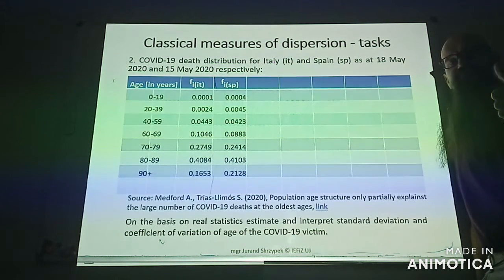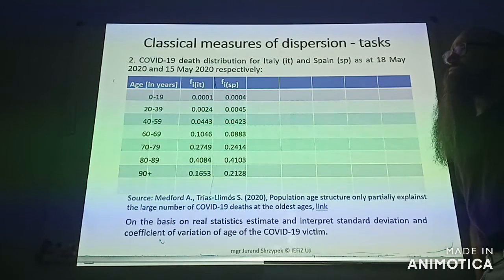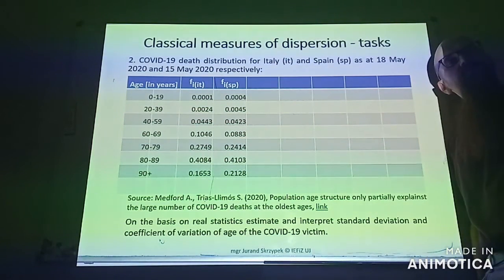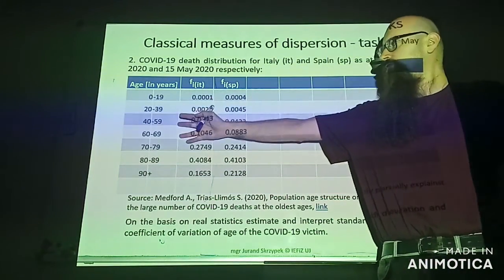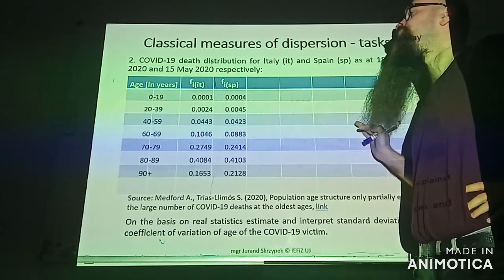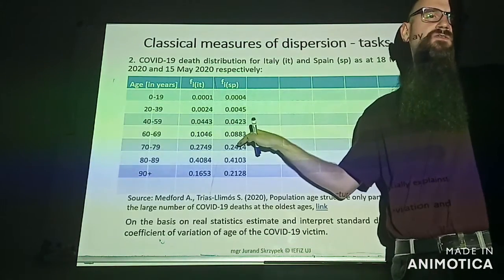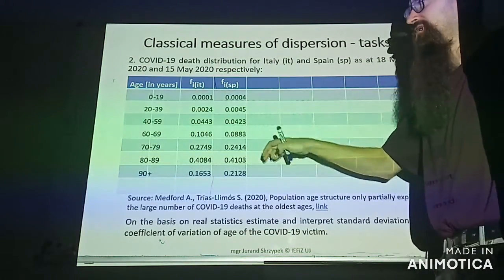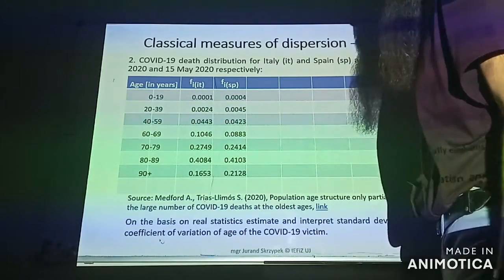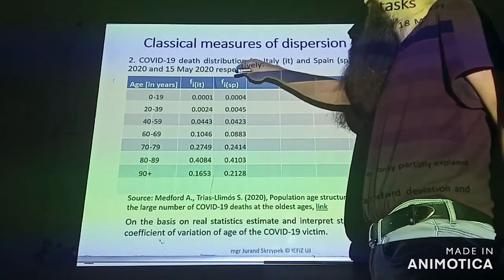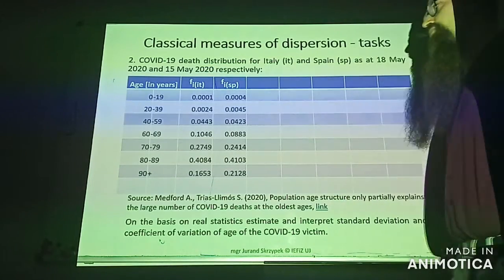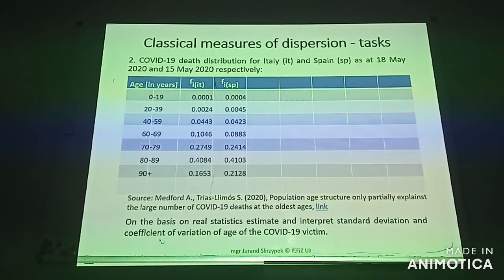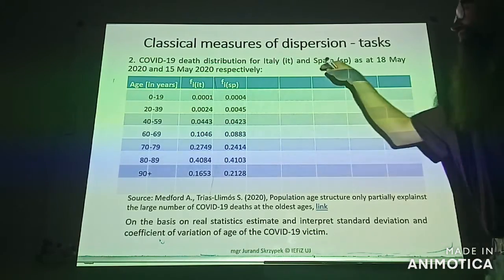Very nice. Now it's time for the example which is connected with the interval series. And here we have the well-known task which tells about the COVID-19 death distribution of age in Italy and Spain.